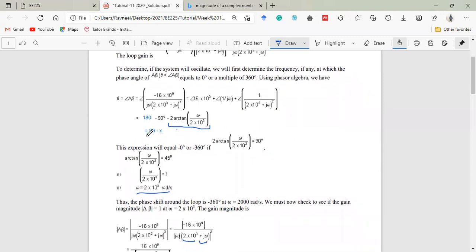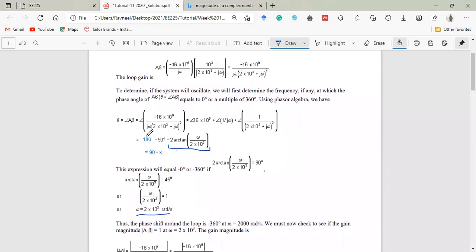You could have done it the other way around as well. But since computing the frequency value for a magnitude will be a little bit more complex compared to the phase form, that is why this particular step has been taken, right?